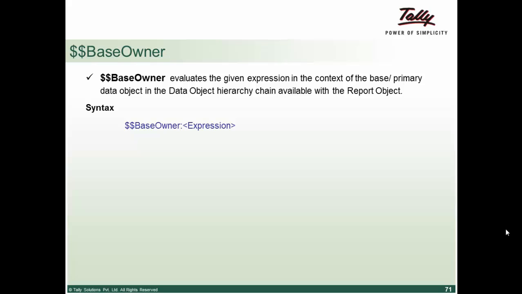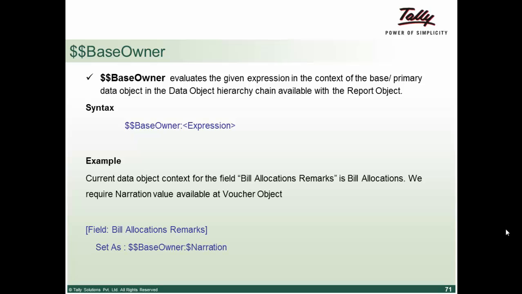Whatever is in the chain of the hierarchy, whichever is the primary data object, the value gets evaluated based on that. Within the report object, the current data object context for the bill allocation remark field is bill allocation, and when we give $base owner $narration, it travels to the voucher object and fetches the value.